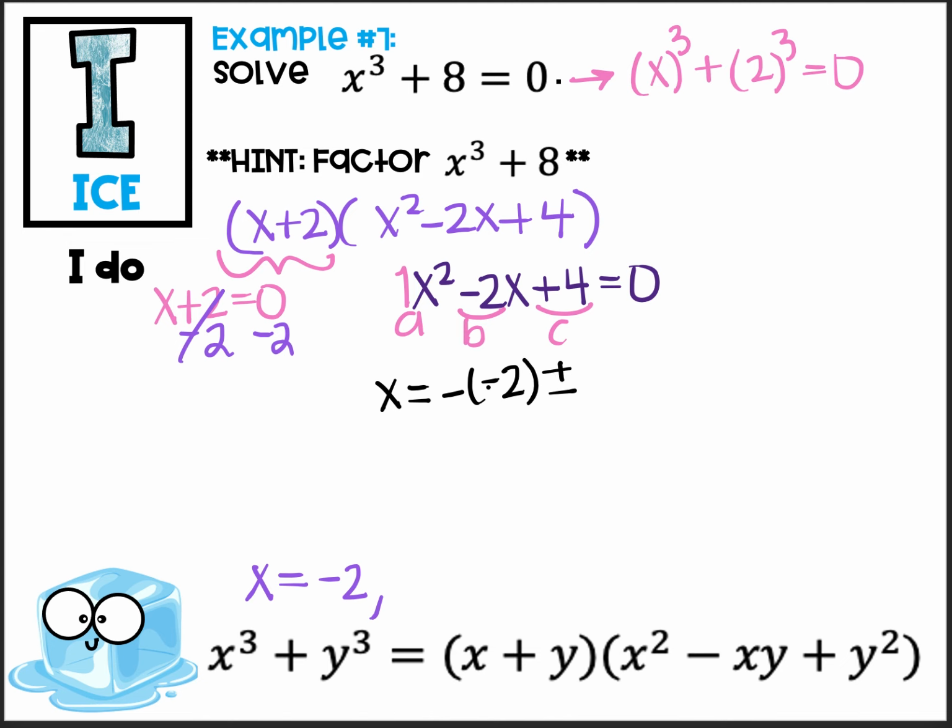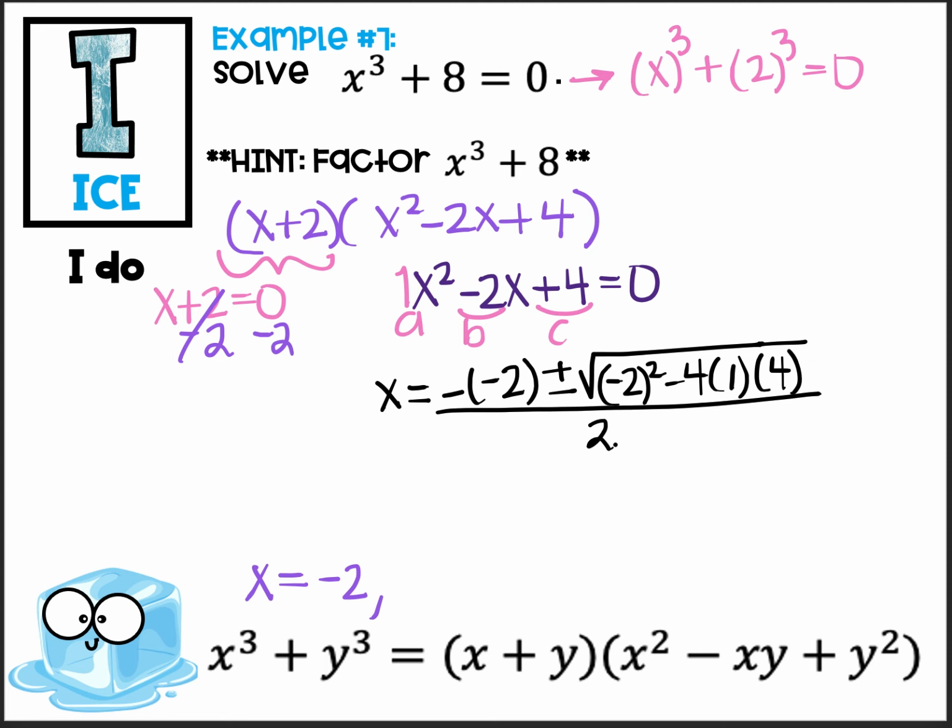After I substitute, I have negative negative 2 plus or minus the square root of negative 2 squared minus 4 times 1 times 4, everything over 2 times 1, which is just 2.